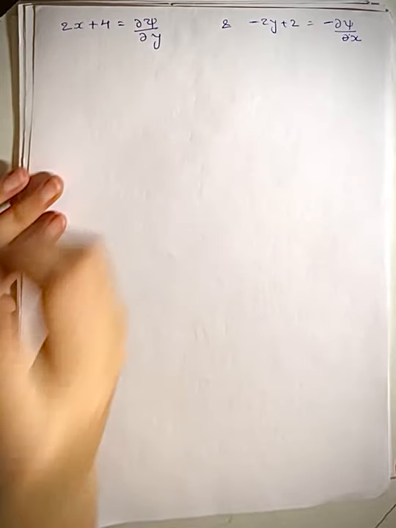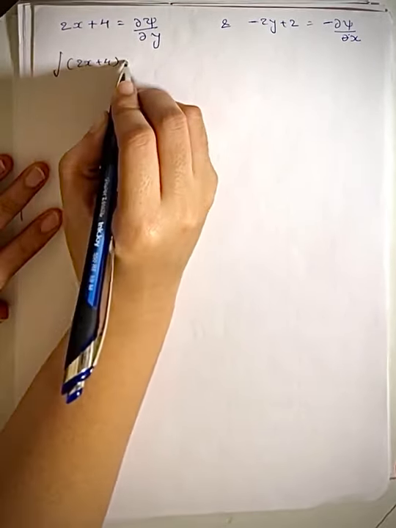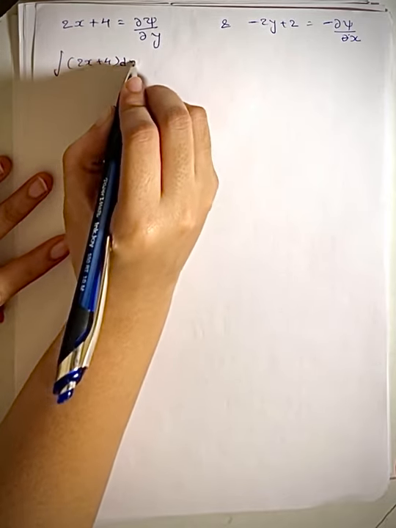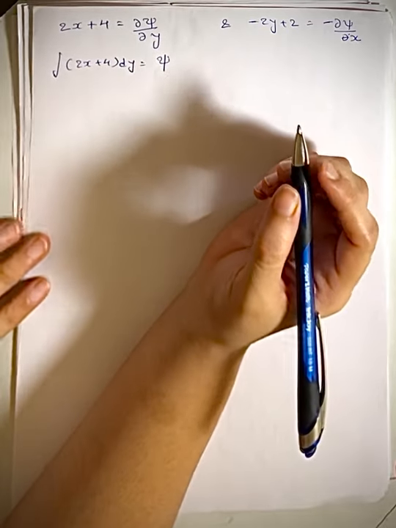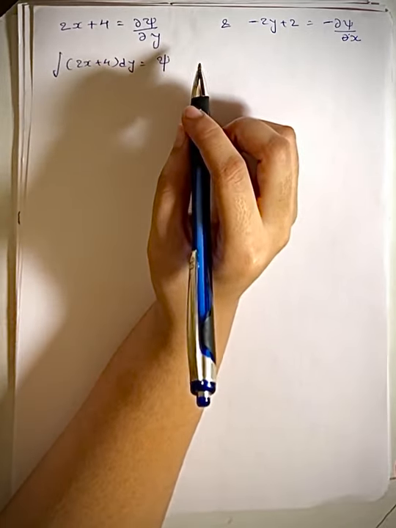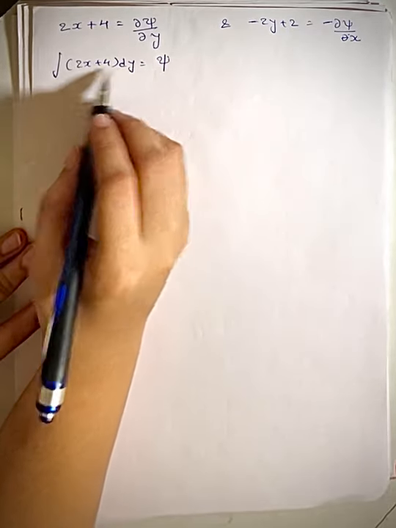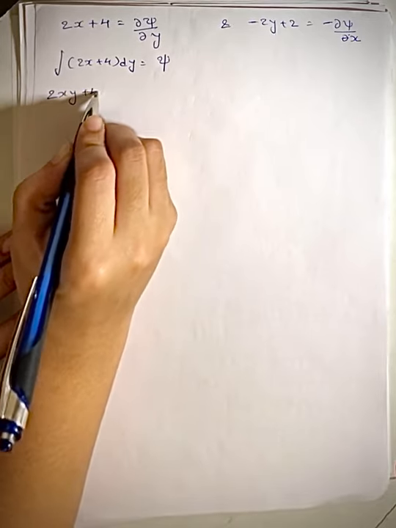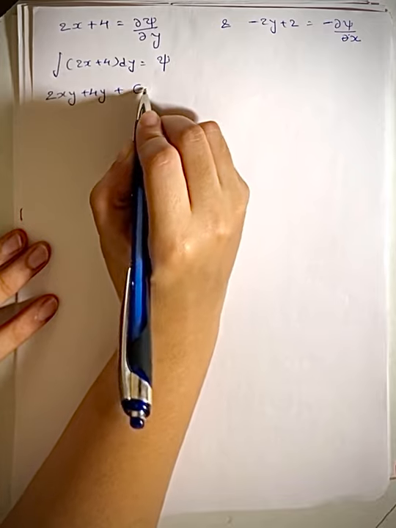Then we integrate with respect to y, and we have 2xy plus 4y plus a constant, but the constant will be a function of x.